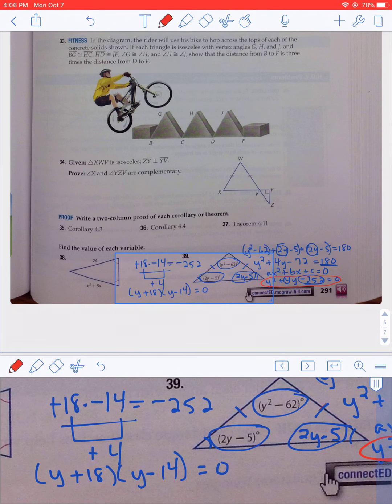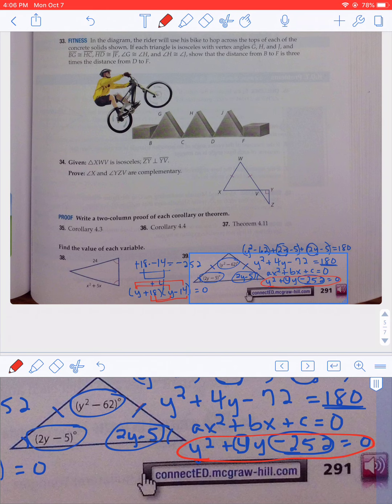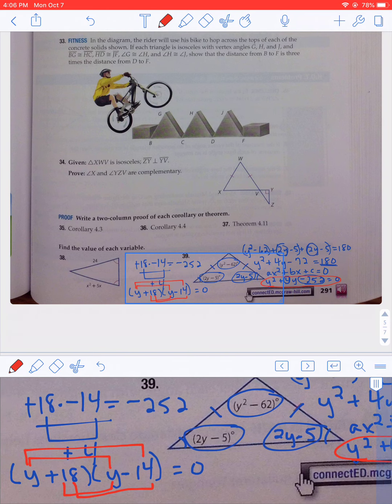And so y times y is y squared, and that would be my first. My outer would be y times negative 14, which is negative 14y. My inner is positive 18y. And then my last would be 18 and negative 14 multiplied together, which would give me negative 252. And so when I simplify terms and everything, I would get what's circled in red over here back out of it, so I know I did it right.